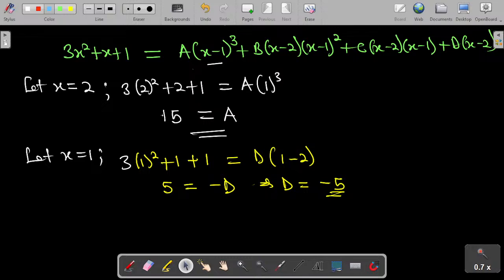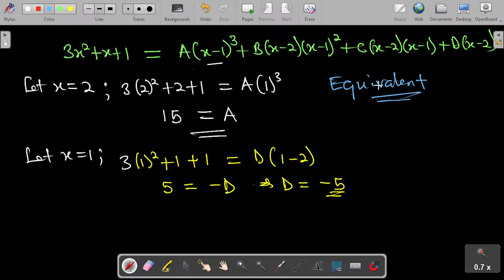So what are we going to have now? Our job now is to get our B and our C. There are two ways that you can get B and C now. One way is to open the whole bracket and begin to use equivalent polynomials that I taught you earlier on.